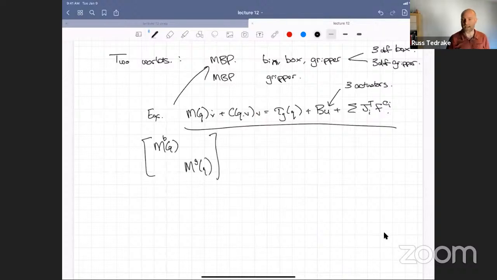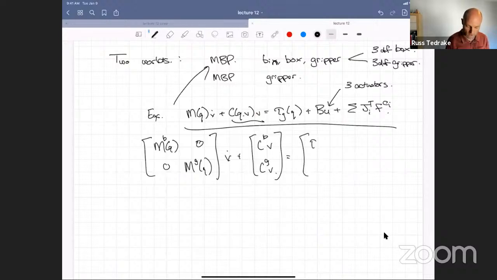My mass matrix is actually block diagonal like that, and I can still write my V dot. I have Coriolis terms, and this whole thing is a vector, but they're stacked: this is my box one and my gripper one. Same thing, I have some gravitational torques. That's just a vector, so I can always write those in this stacked form.